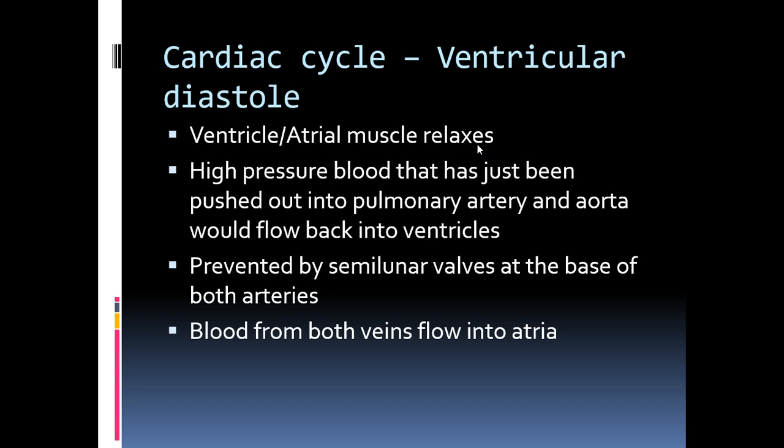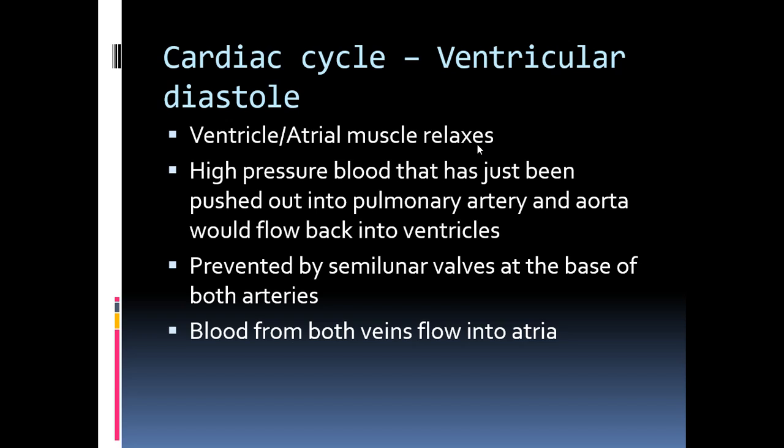Okay, high pressure blood that has just been pushed out into the pulmonary artery and aorta would flow back into the ventricles, right? So right after the contraction of the ventricles, blood will be pushed out to the pulmonary artery and the aorta, correct?